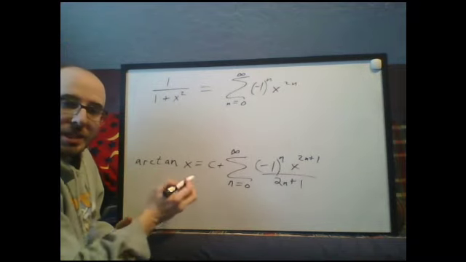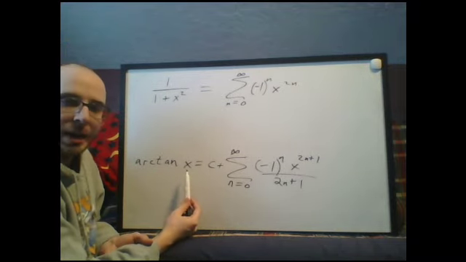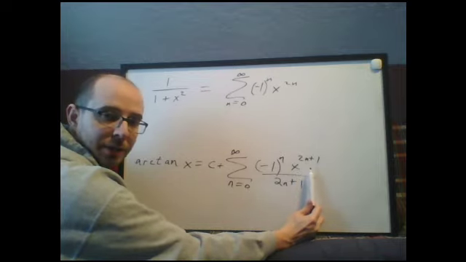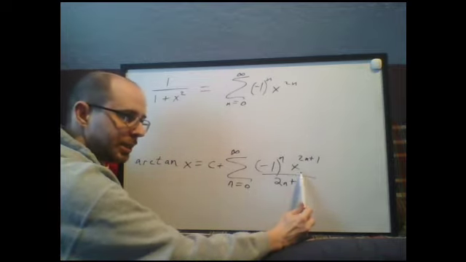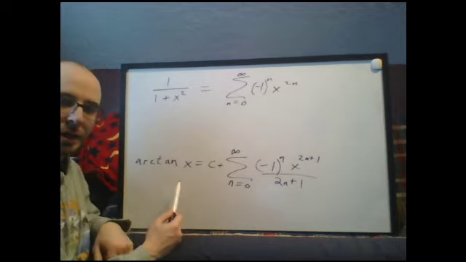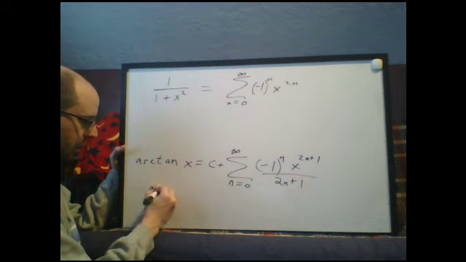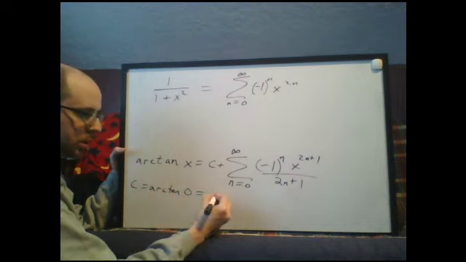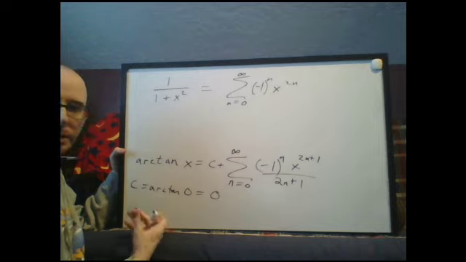And now what is c? Well, if I plug in x equals 0, this power series only has positive powers of x. So if I plug in x equals 0, the power series disappears and I'm just left with c. So arctangent of 0 is, so c equals arctan of 0, which is 0. So the c disappears.